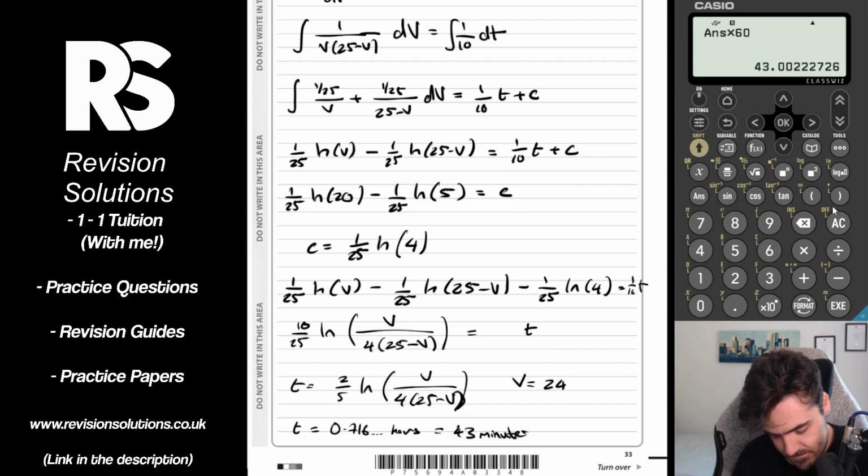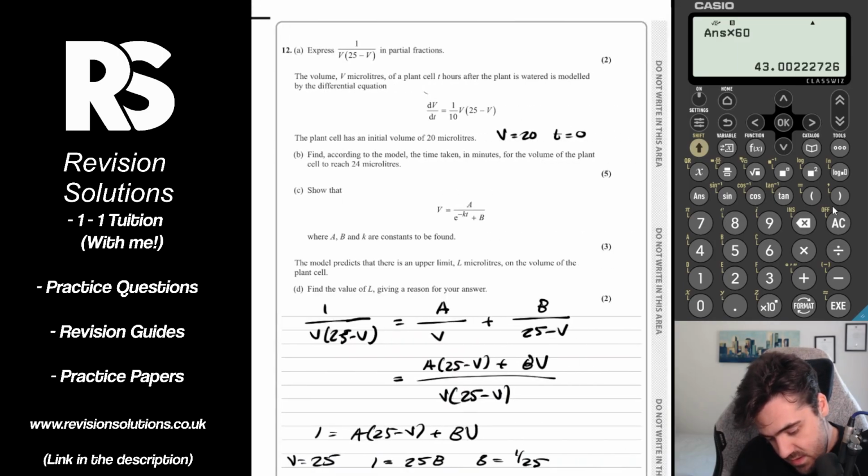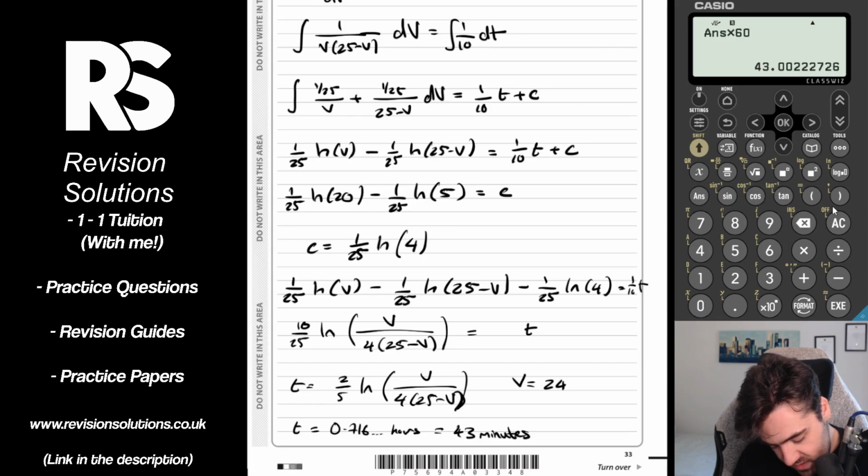Okay, then the next part they want us to actually rearrange for v and get it into this form, specifically with the negative exponential in the bottom. So let's start. We have this. If we move the 2/5 back over, we can actually unlog. So let's just copy and paste that over first.